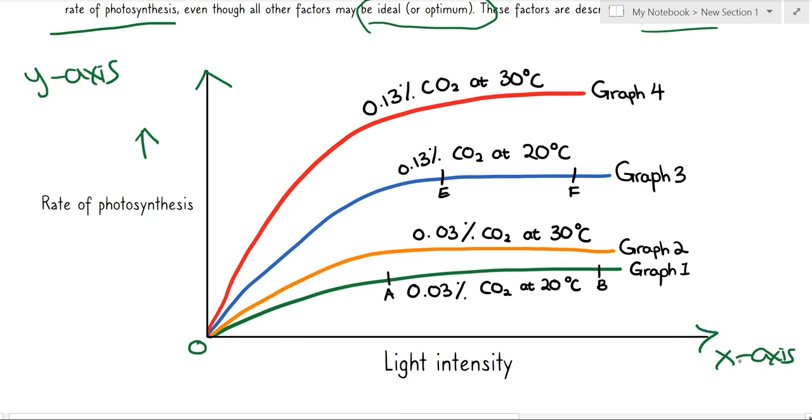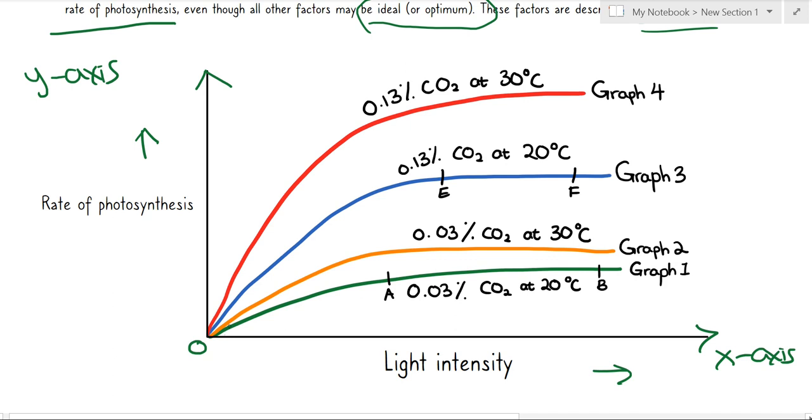And as we move on to the x-axis, we can see that as we move to the right-hand side, light intensity increases here. So how does this actually put everything together? Okay, so let's follow graph 1, the green graph here. As you increase light intensity, at first we start from 0 here.